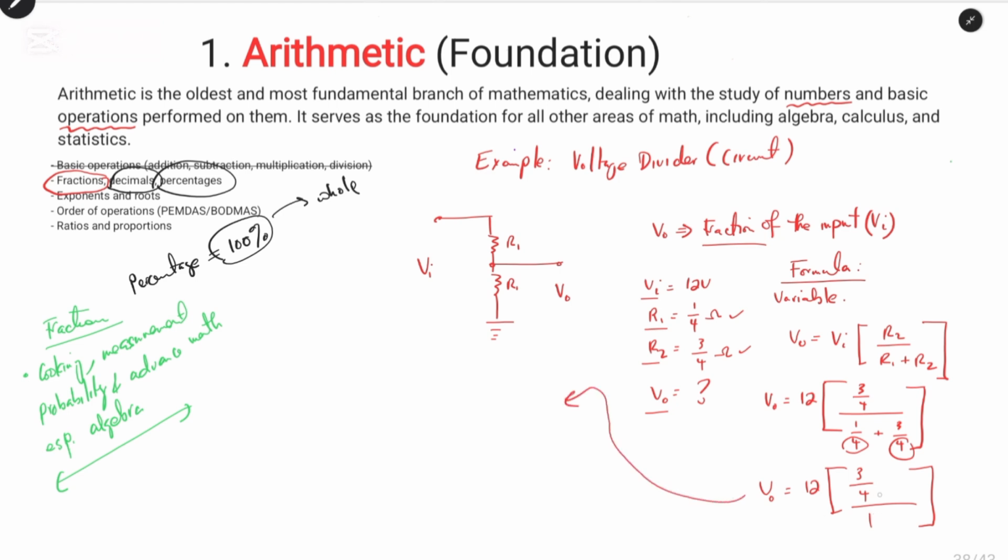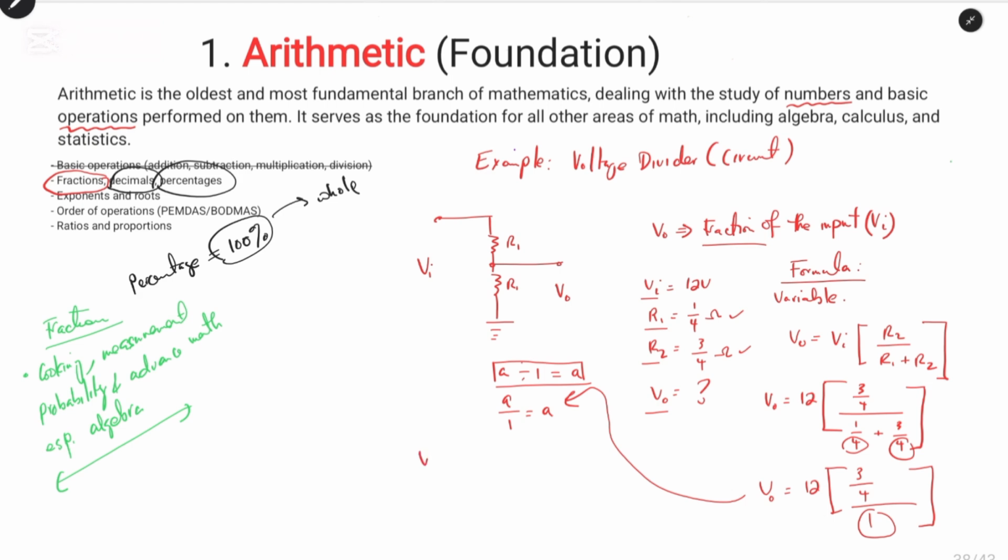Anything that is divided by 1 will give us the value itself. In the previous example of division, we said any variable that is divided by 1 will give us the variable itself, a divided by 1 gives a quotient of a.